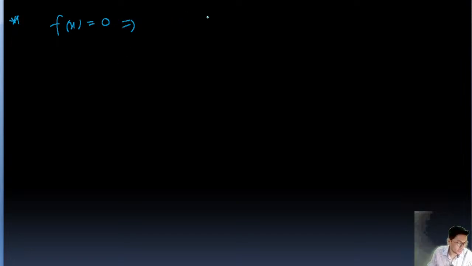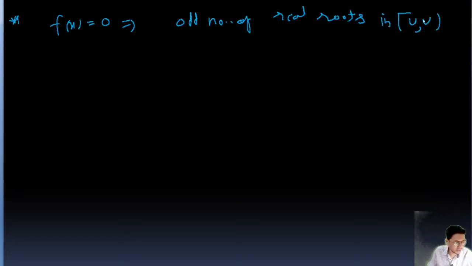If f(x) is 0 and they are of opposite sign, then there is an odd number of real roots in the interval u and v. I'll solve a question, then it will clear your doubt.